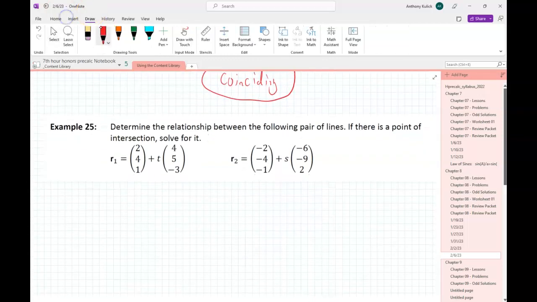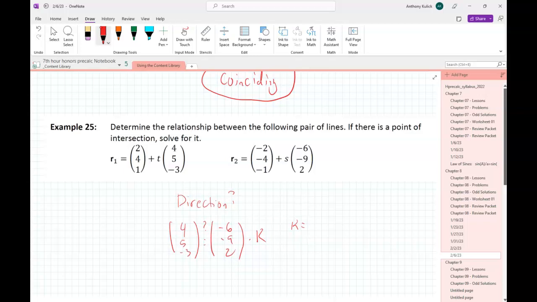All right, another example. Same directions, so we start the same way. So let's see.